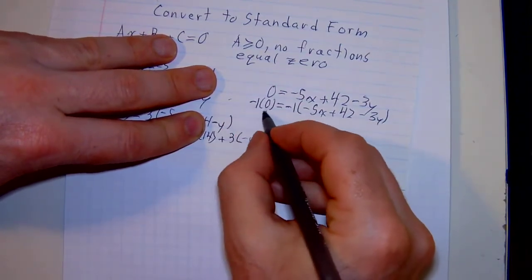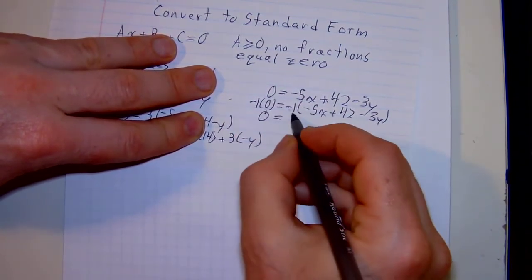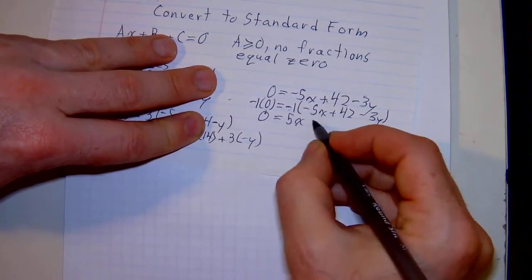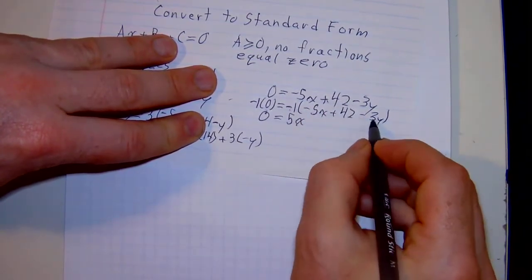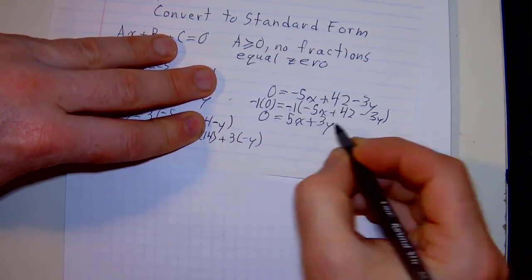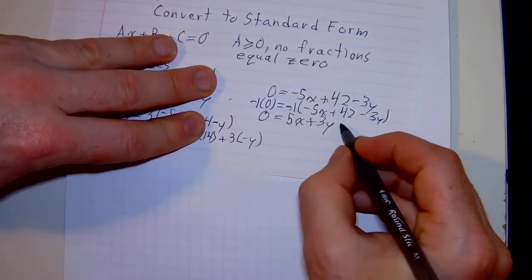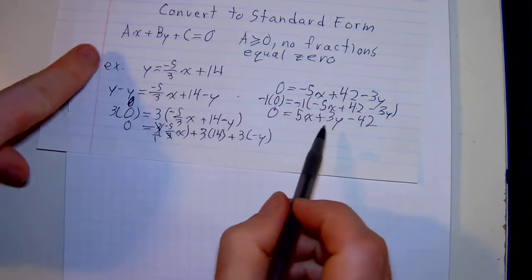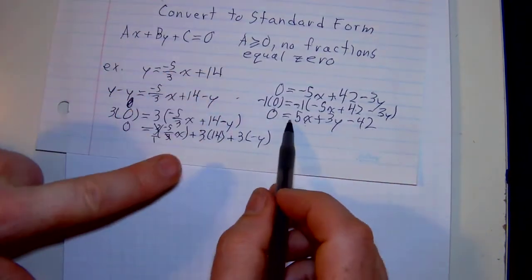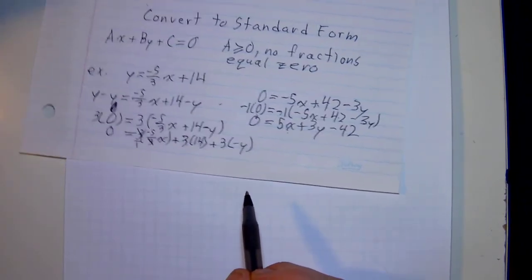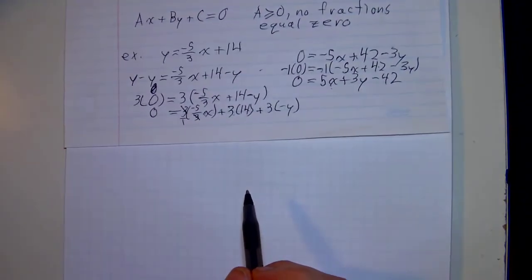So negative 1 times 0 is 0, negative 1 times negative 5 is positive 5, x stays. I'm actually going to change the order here. Negative 1 times negative 3 is positive 3y, and negative 1 times 42 is negative 42. And now we have ax plus by plus c equals 0. So there you go, converting to standard form.